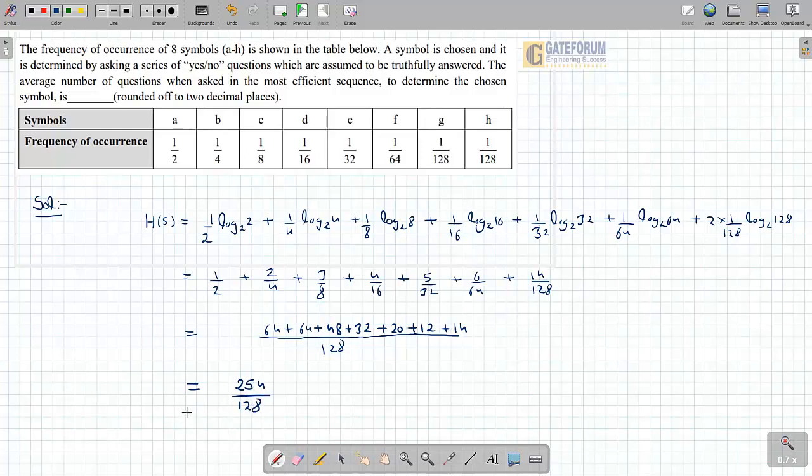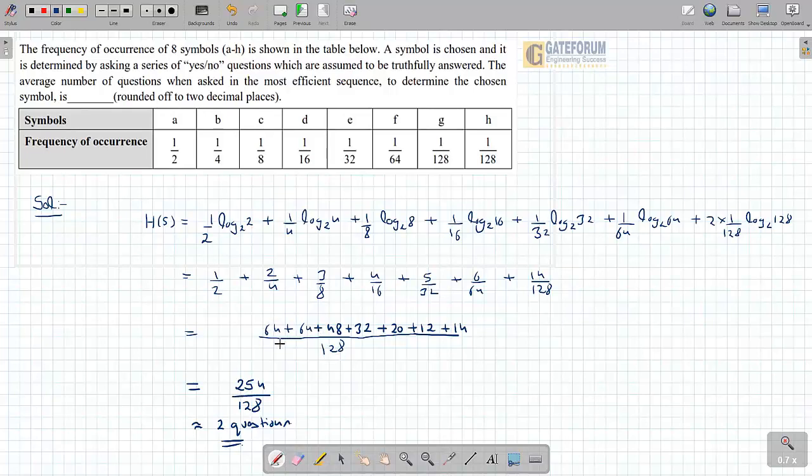So the average number of questions in this case is going to be 2 questions. The answer for this is 2 questions. See, the number of questions will always be an integer, so rounding off to 2 decimal places doesn't have any purpose here. If you just write 2, that is also correct.